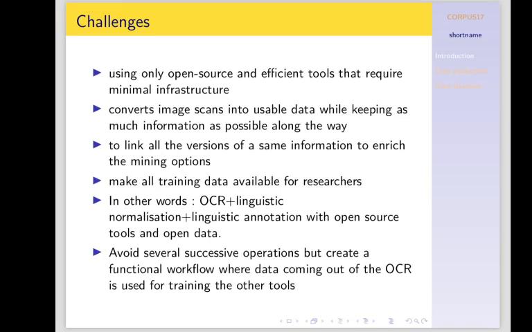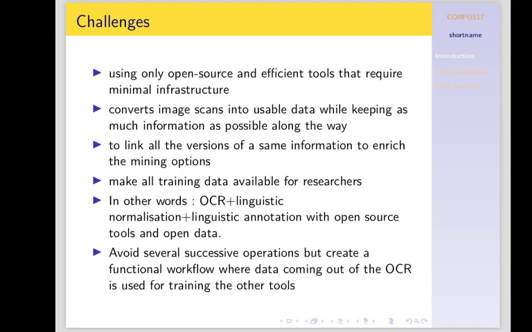A data, a text, a token that is normalized needs to be lemmatized. Then you can cross-search. You can use the spelling, but you can also use the part of speech, or the lemma, and you will always end up on the same token. And then another thing that is important is to make all the data available for researchers.